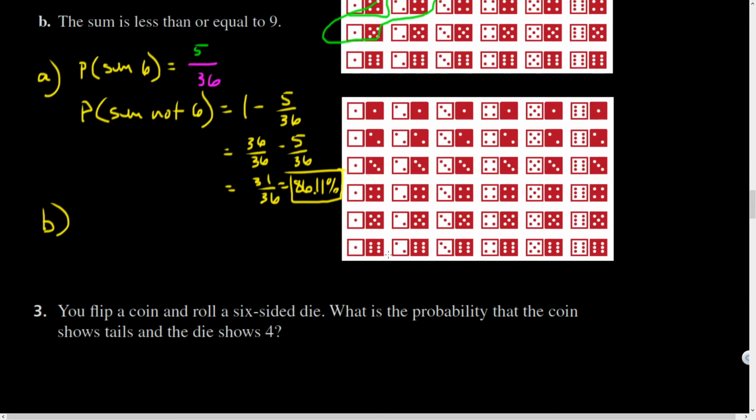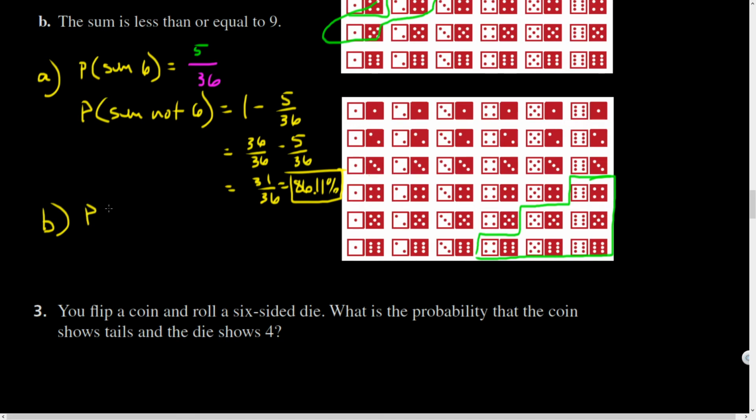So let's see here. This is a sum of 7, 8, 9, 10, 11, or 12. So less than or equal to 9. So this was 3 and 6 was 9, 4 and 5, 5 and 4, and that one. Well, I guess the reason maybe you'd use a complement is because there were fewer of these than there were of all the rest. And so maybe it's easier to add up.